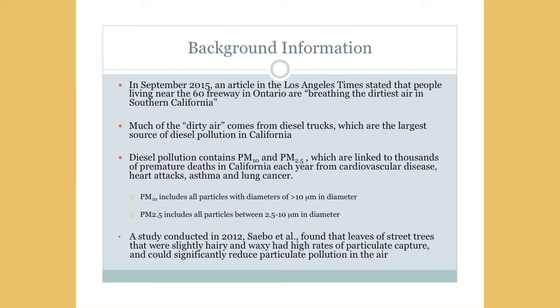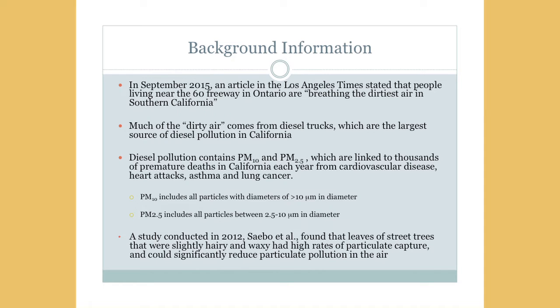First off, last year I read an article in the Los Angeles Times that said people living near the 60 freeway in Ontario are breathing the dirtiest air in Southern California. Excuse me. I didn't plan that. So I was wondering why that was, and a lot of it is because of diesel trucks.